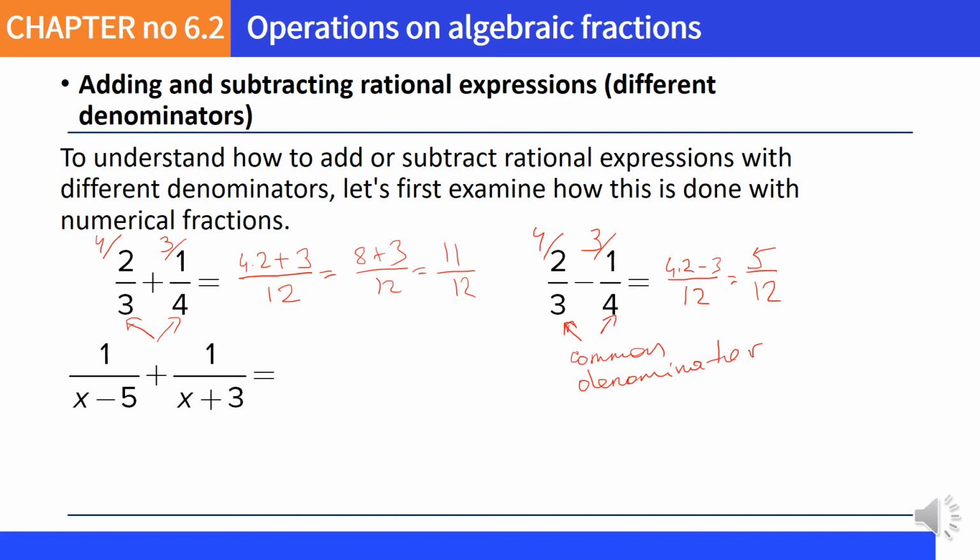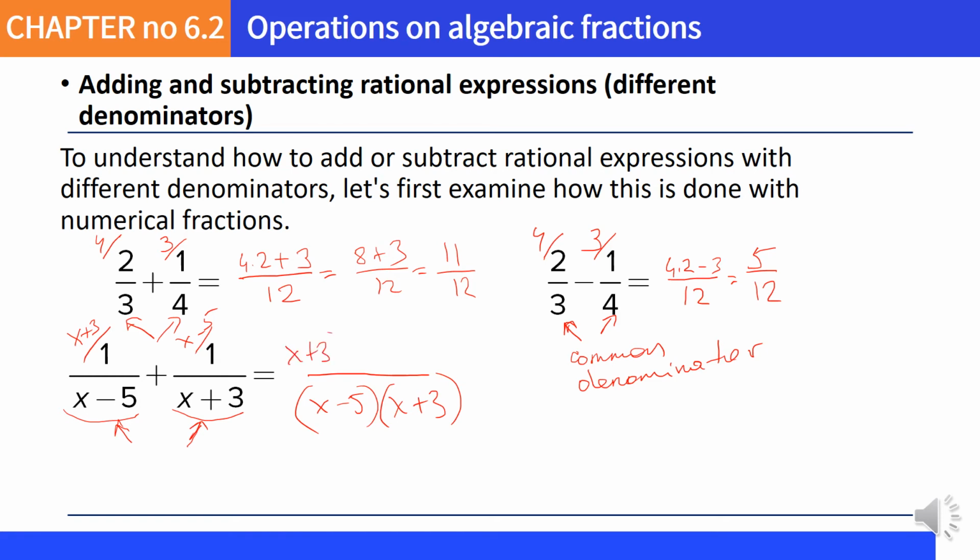For this example, as you see, x minus 5 and x plus 3 are not like, so they are different. To find the least common multiple, we have to multiply the first fraction by x plus 3 and the second fraction by x minus 5. We will get the common denominator as x plus 3 and x minus 5 multiplied.